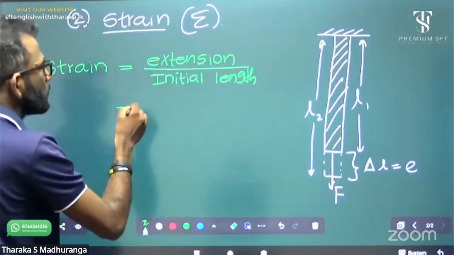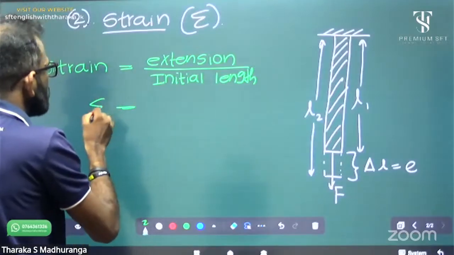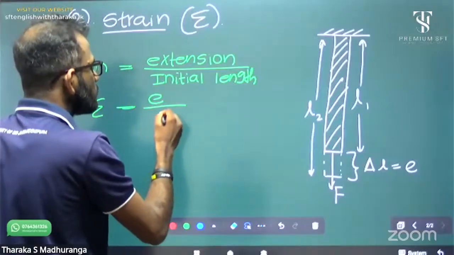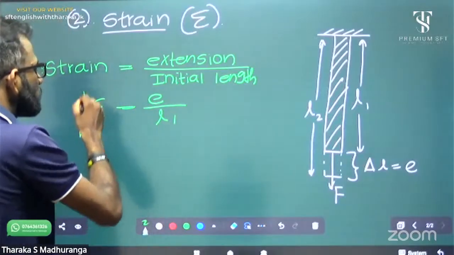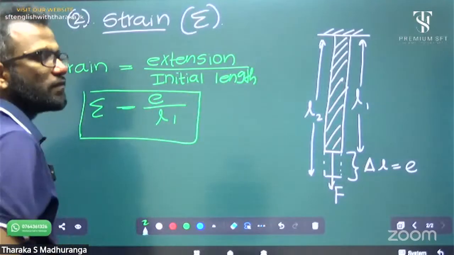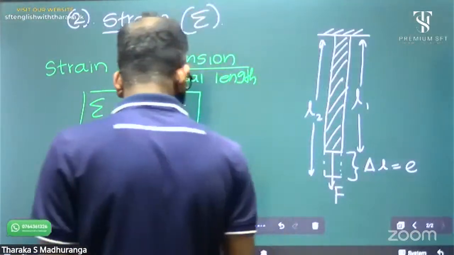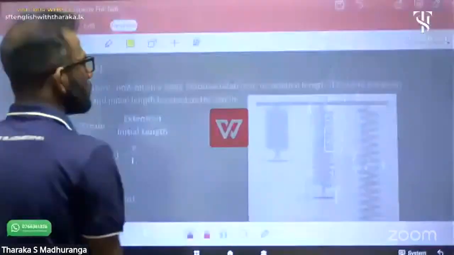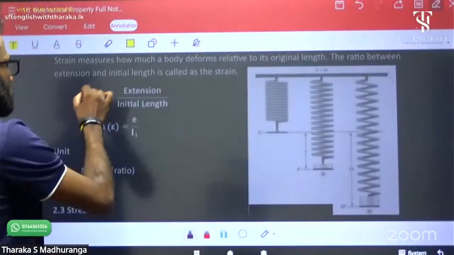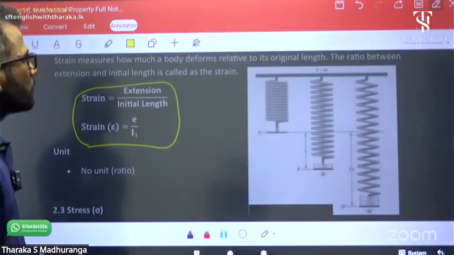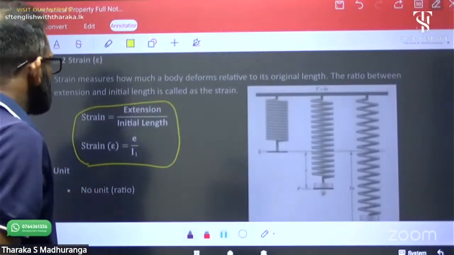Strain equals extension E, or delta L, over initial length L1. Remember, E over L1 is the strain: the ratio between extension and the initial length. This is the simple equation of strain.